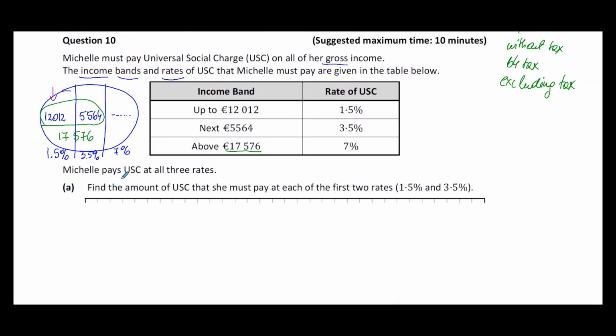So Michelle pays the USC at all three rates. We are told that she earns more than 17,576, so she pays all of those. Her income is divided into parts, and each part is taxed differently. The first part, we have to find the amount of USC.